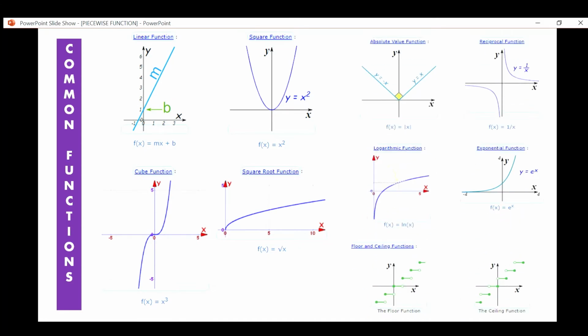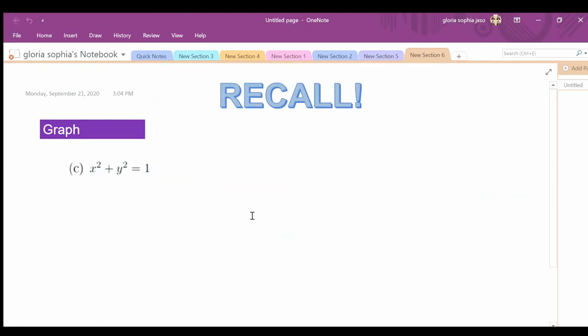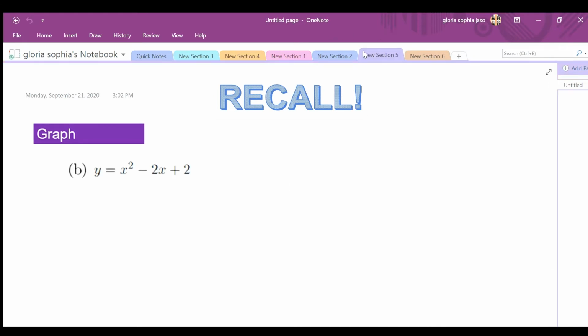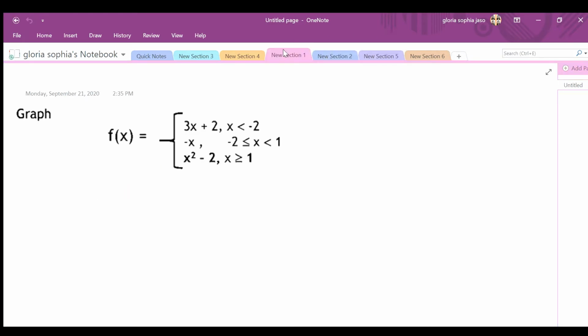But let's recall our common functions. Class, I always repeat this because I want you to memorize the equations and the shapes of the graphs. Okay, so we have the line, the square function or the quadratic function, the absolute value function, the reciprocal function, the cube function, the square root function, and the ceiling function. Class, before we become good at graphing piecewise functions, we first need to be good at graphing the other, easier functions.